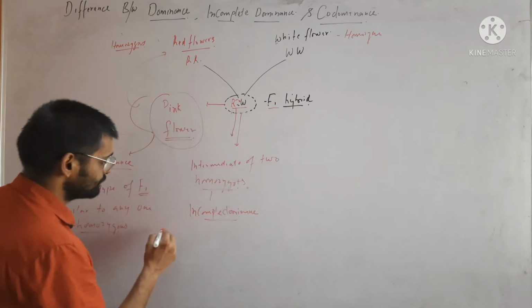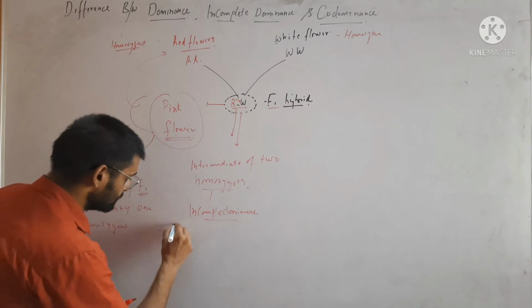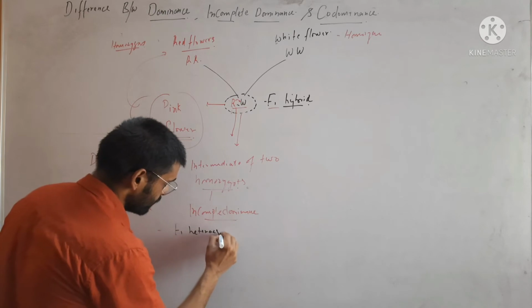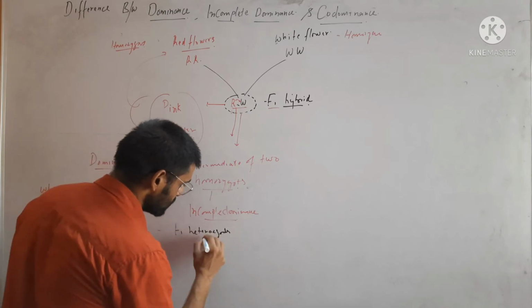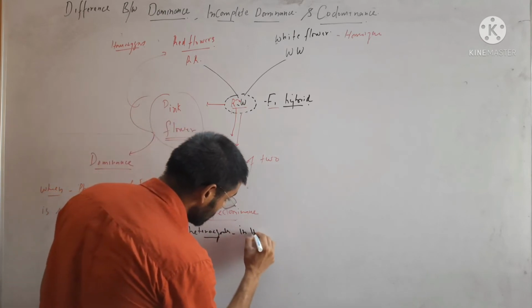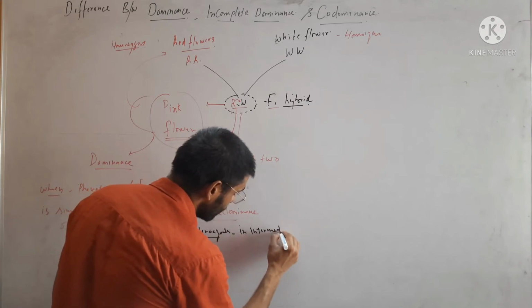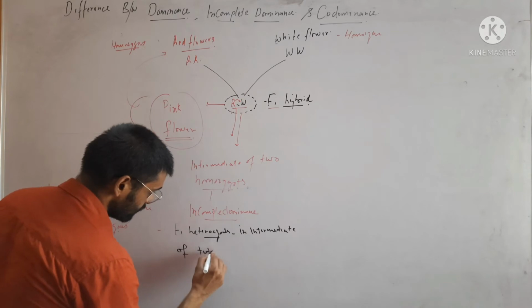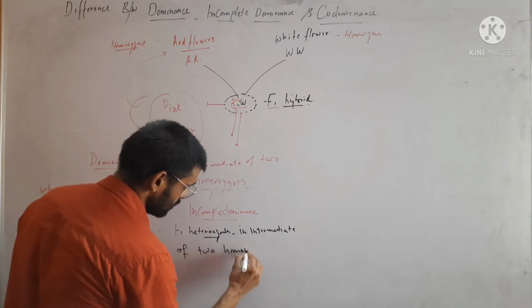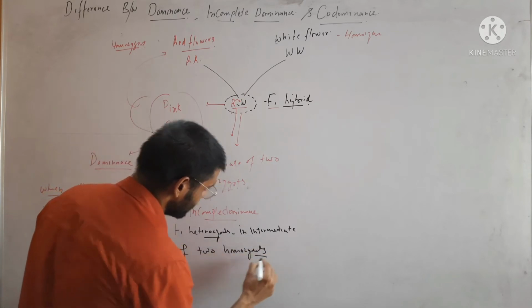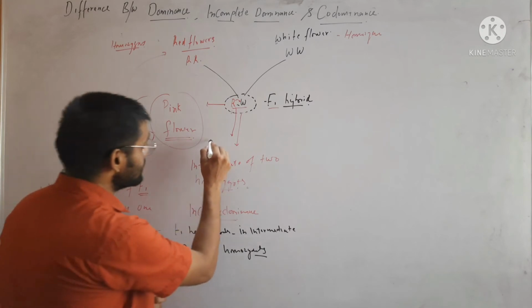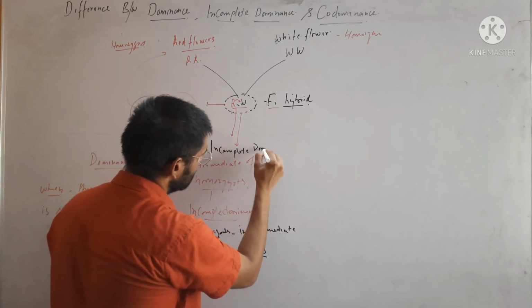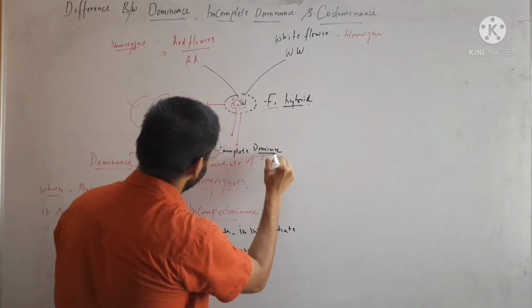So when the F1 heterozygote is intermediate of the two homozygotes, then it is called incomplete dominance.